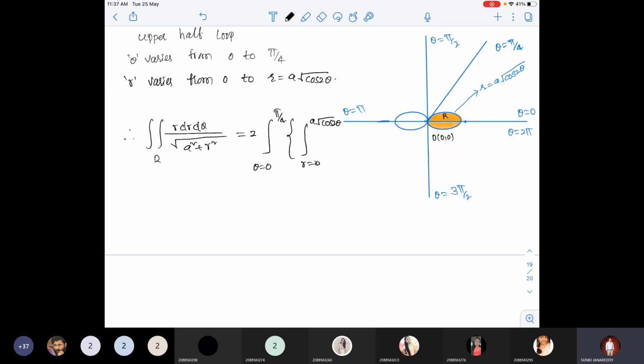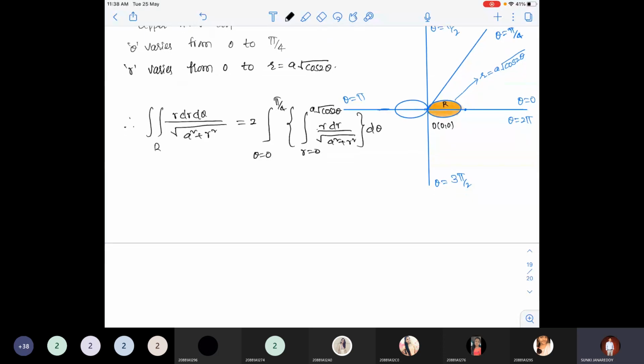Okay, next after that one, what is the function? Not 2R, sorry, R only. R into dr by under root a square plus r square, close the bracket, into d theta. Okay now. For our convenience, we can multiply and divide with 2. Okay, we can multiply and divide with 2.